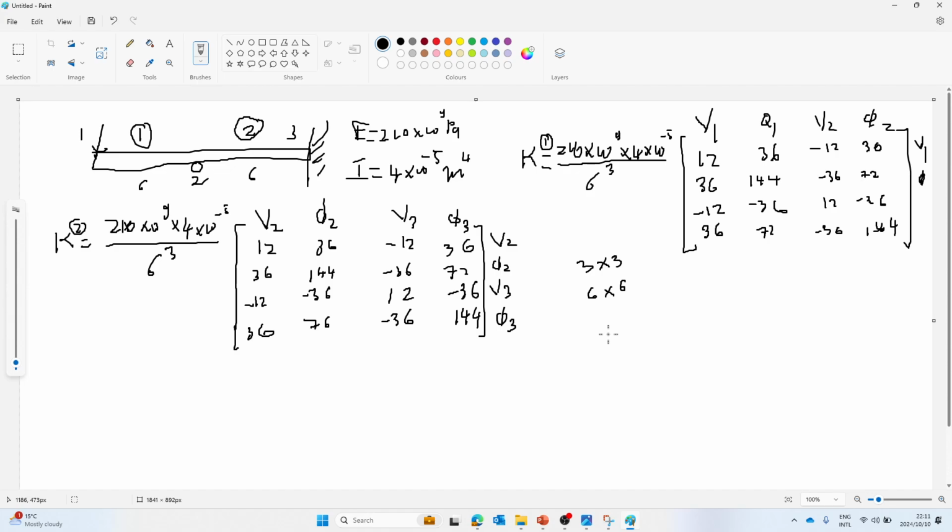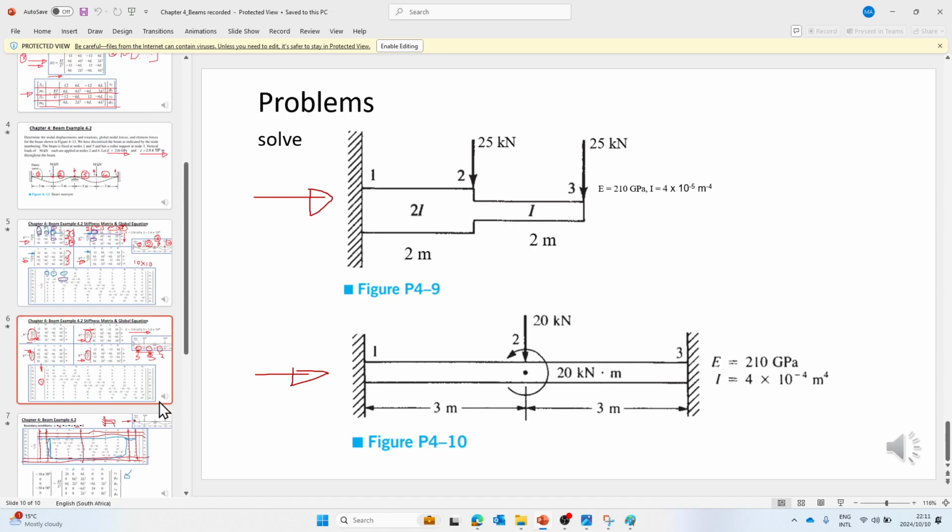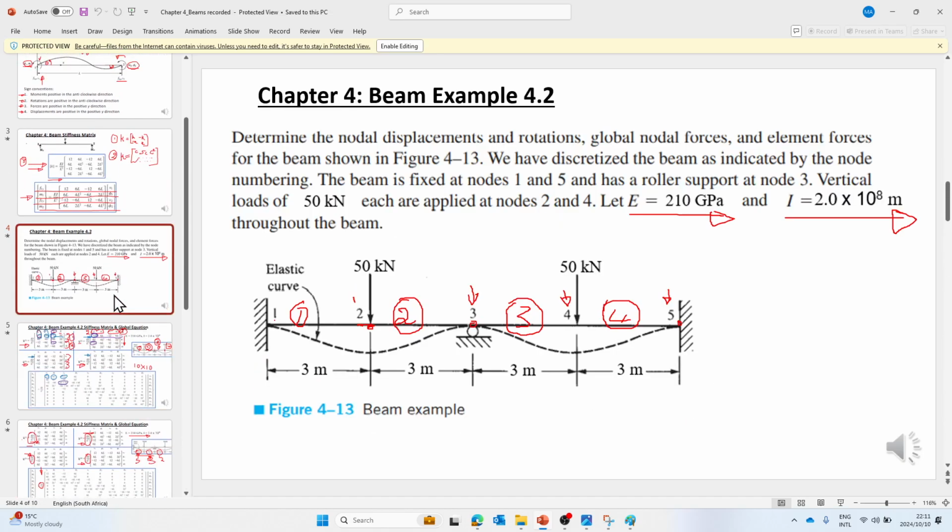Because that is where people maybe get confused to know which matrix we are going to have as global. Is it a 3 by 2, 2 by 2, 3 by 3, 6 by 6? It is simple. Wherever you have two elements, by that I mean, this is the example from the lecture. I can simply count 1, 2, 3, 4, 5.